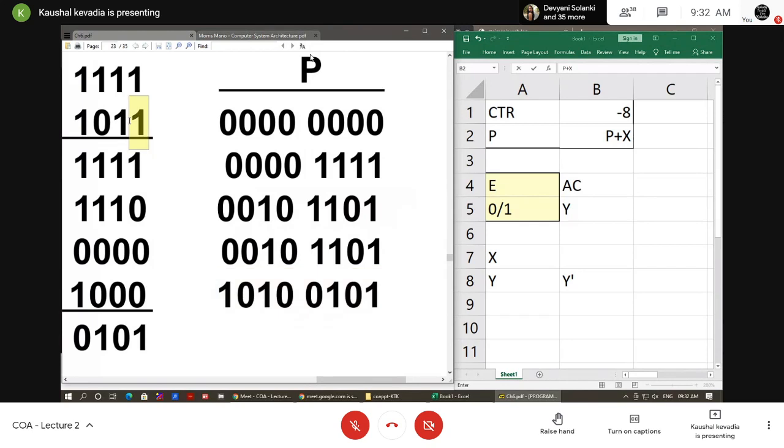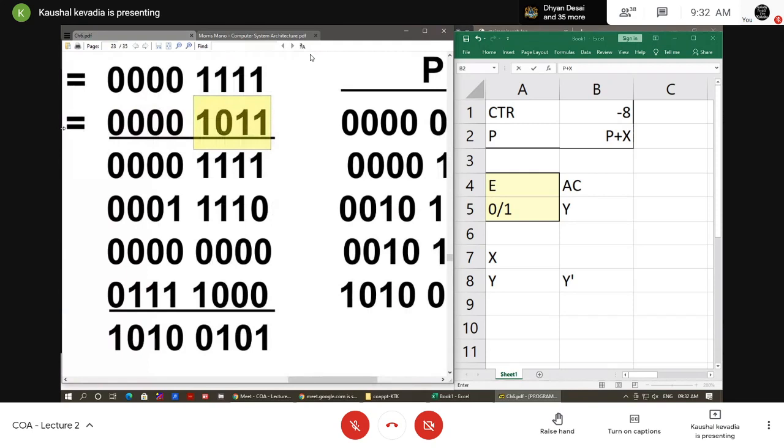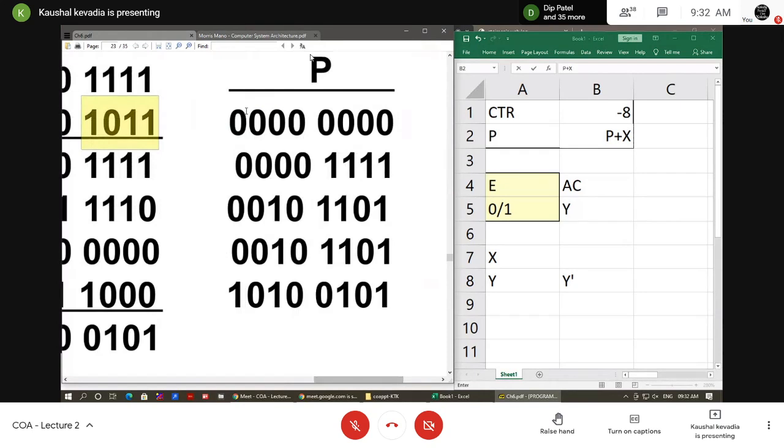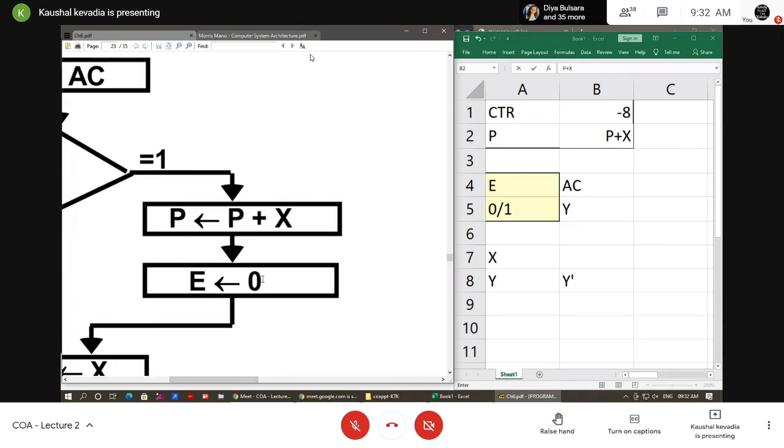Because here the 4 digits of the binary numbers are what matter, and the remaining ones are 0, so we don't worry about the remaining numbers. Now this is the answer of p plus x, that is all zeros and all ones.